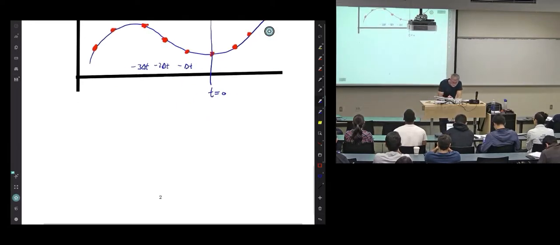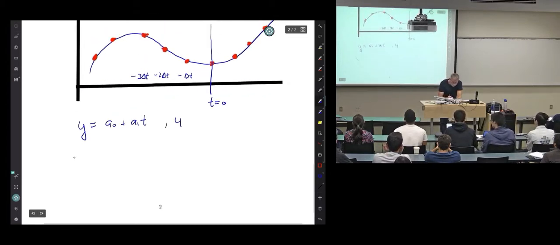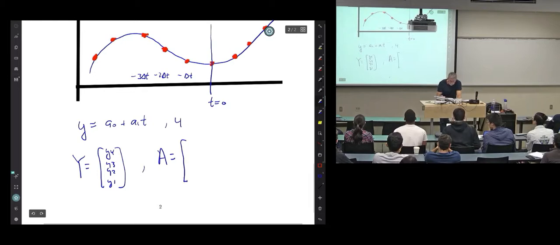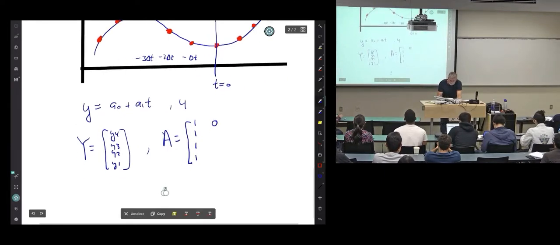So suppose I'm writing y equals a0 plus a1 times t. And I'm going to do 4 points because I'm lazy. Okay? So my y vector has 4 points. That's fine. What does my A matrix look like? 1, 1, 1, 1, right? For my measurement at t equals 0, I've got 0 here.